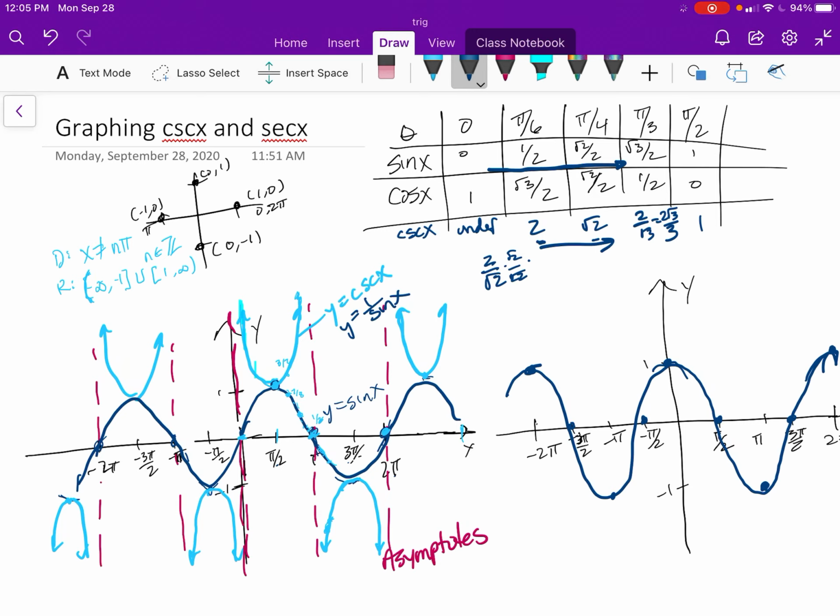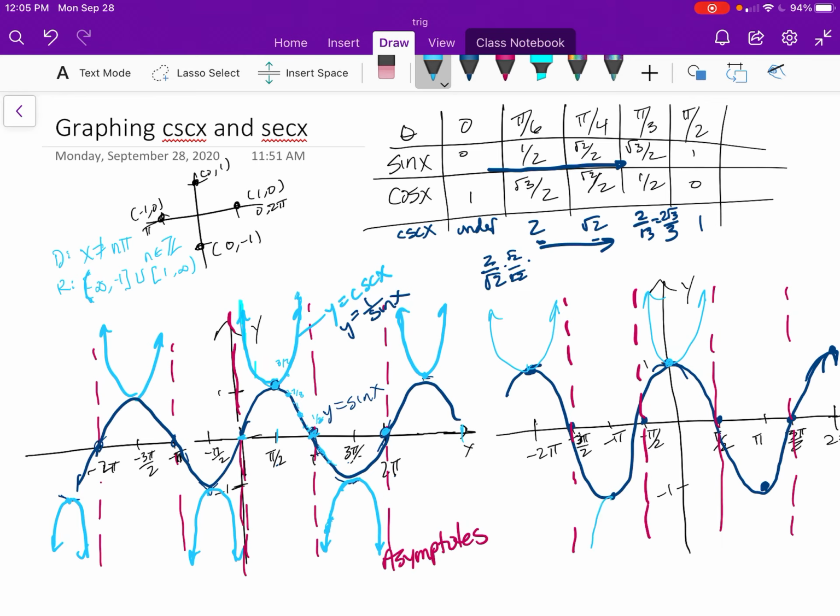Okay, so now similar algebraic reasoning, but I'm just going to sketch it really quick. Anywhere there's a 0 is an asymptote because I would have 1 divided by 0. Okay, anywhere there's a max at 1, I'm going to draw on that parabola going up.